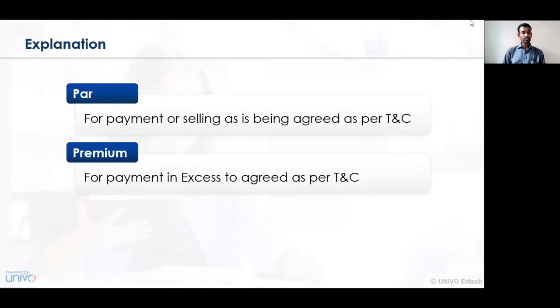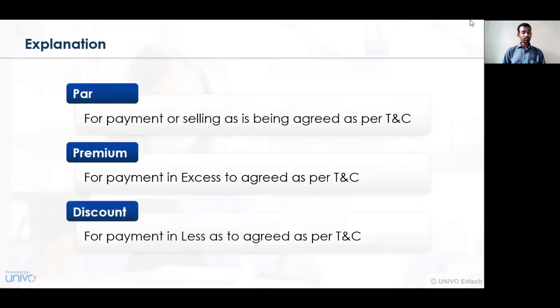So here in this case, the agreed amount was rupees 1000, but additionally the person is paying 100 rupees extra. So here in this case, the 100 rupees will be a premium to a particular insurance agent who is receiving the amount of remuneration.